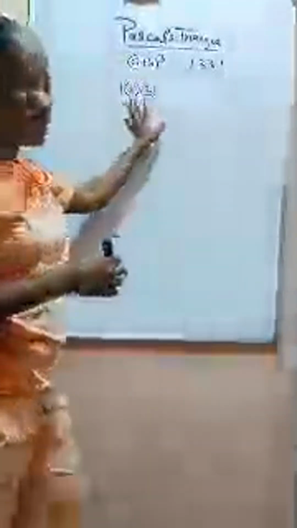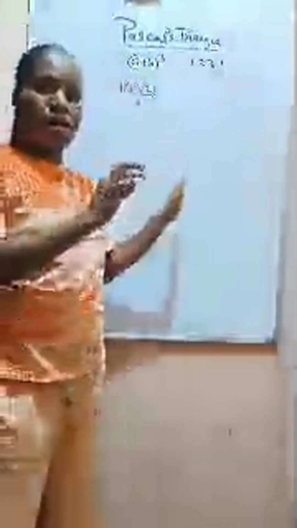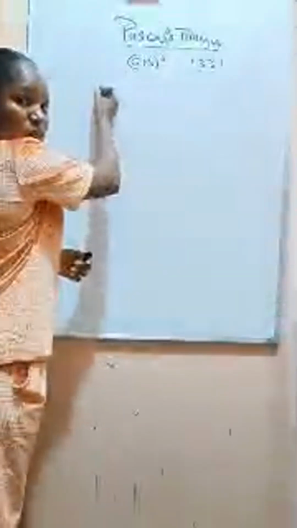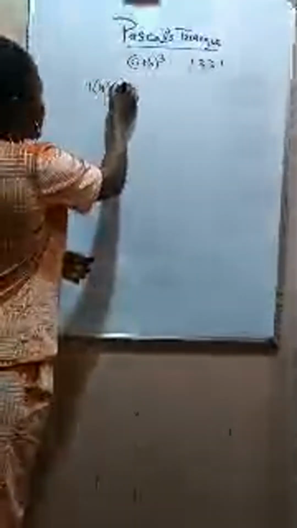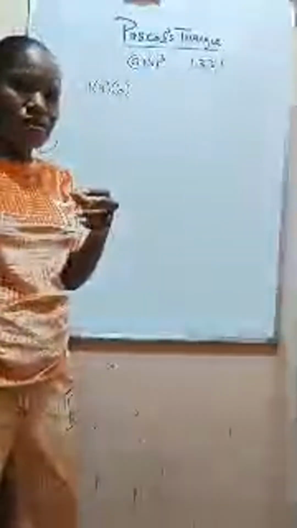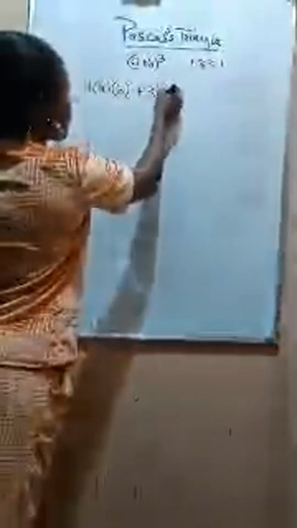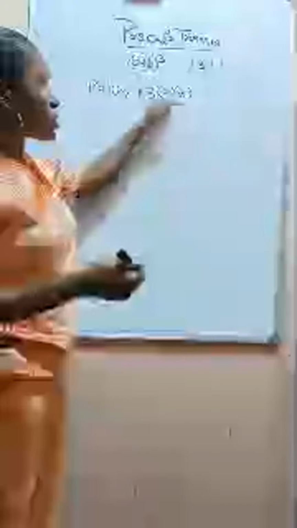We are multiplying them. Just forget everything for now, and so that I will not extend the writing to where you cannot see it, let me adjust my writing. I'm going to start from here. So we have 1 bracket A bracket B. Then plus, we pick 3 bracket A bracket B. Like I said, forget anything for now, just bring them out.